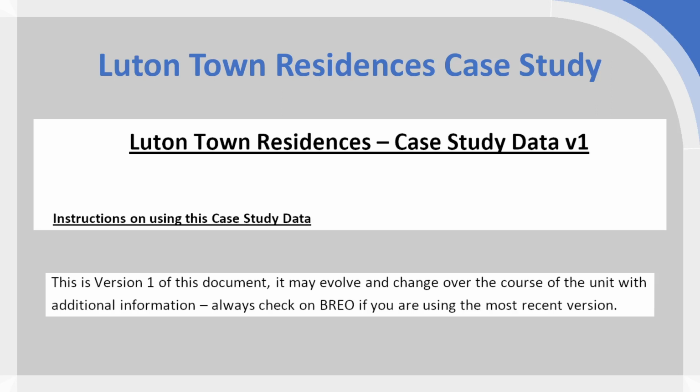That will move it up to version 2, version 3, version 4, and so on. Nothing that's already present in the case study document is going to change, but depending on the direction different students may want to take their work in, there may be additional information provided. So don't worry about basing your work on the version 1 document. There's not going to be any contradictory information added, but there may be some additional expanded information.